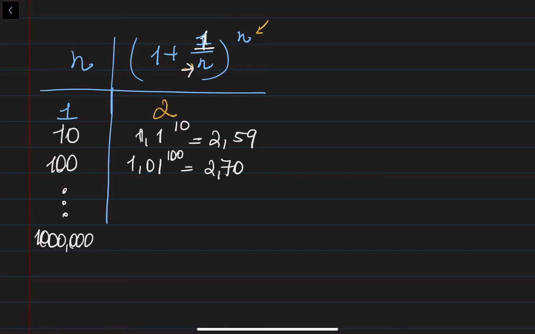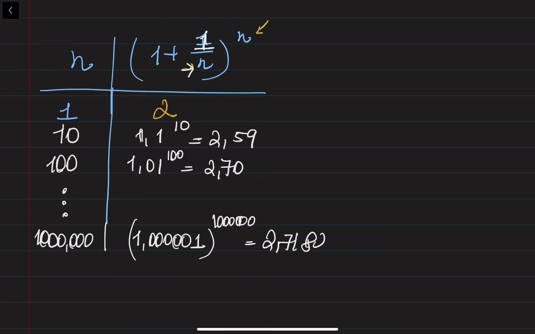If I continue and calculate this for 1 million, then it's going to be 1.000001, so 5 zeros and 1, to the power of 1 million with 6 zeros. And this is going to be equal to 2.7182.